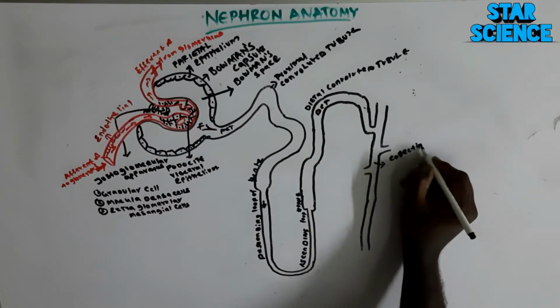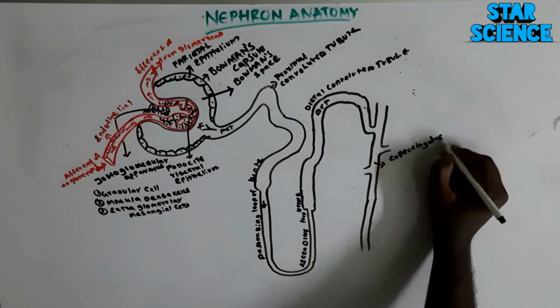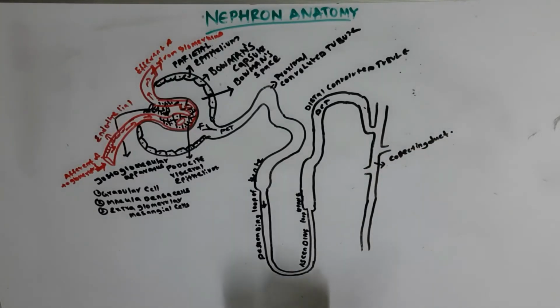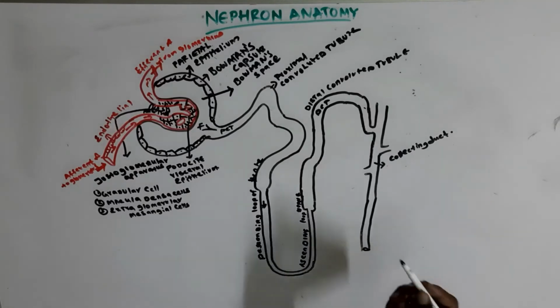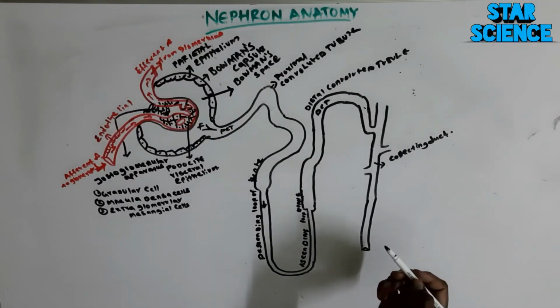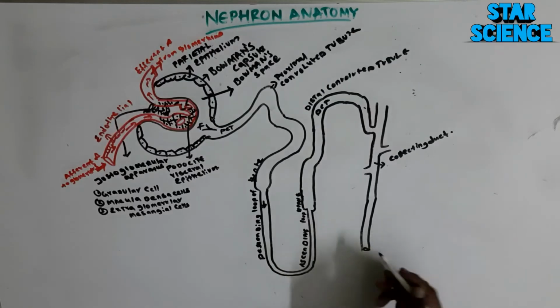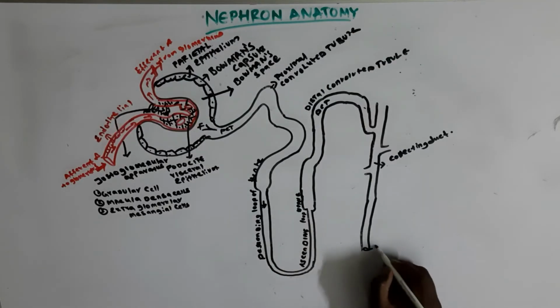All the nephrons' end parts, that is the DCT, will connect to the collecting ducts. That is what you have to remember. The particular point I'm showing right now is in the apex of the renal pyramids, which is called the renal papillae.